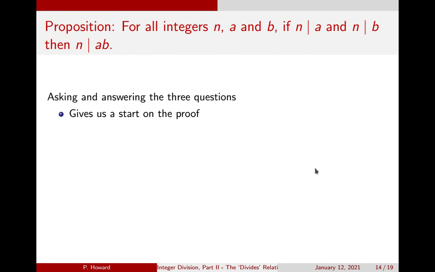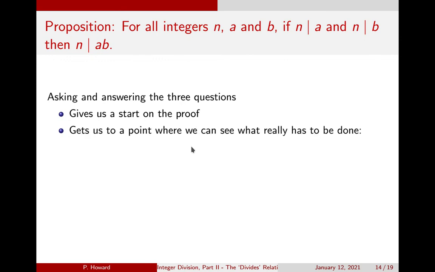So asking and answering the three questions does a couple of things. It gives us a start on the proof, as we saw on the previous slide, and it gets us to a point where we can see what really has to be done in order to prove the proposition.